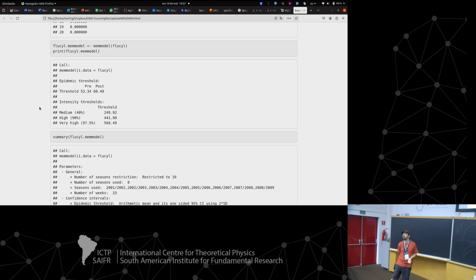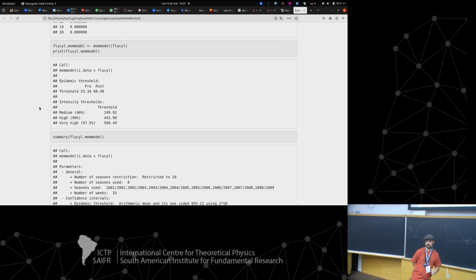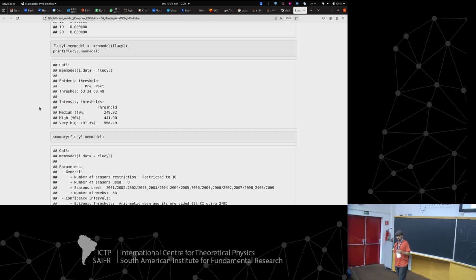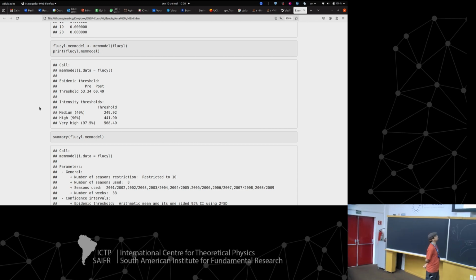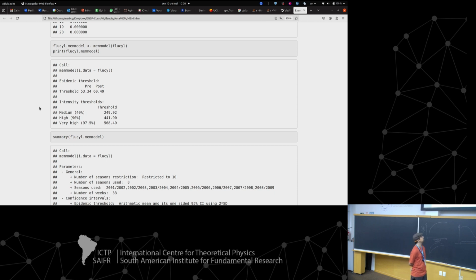You might say, well, why 40? Why not 50? Why not take the mean of my distribution as a base reference? It's up to you. It's up to what we want to do with that information. Now, since usually we want to use that information to classify my seasons in terms of their peak, in a way that we can say this particular season was extremely high or within reason or whatnot, we want to focus on the high and very high intensity thresholds.